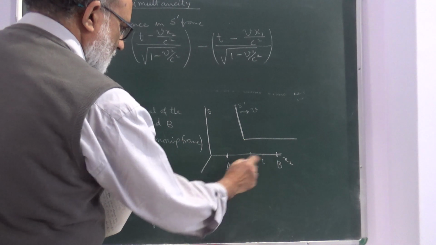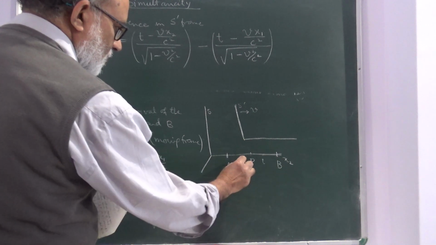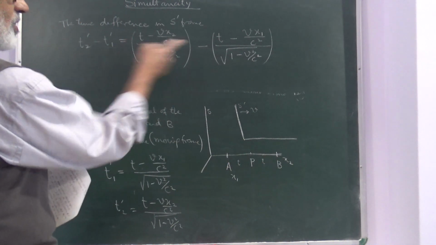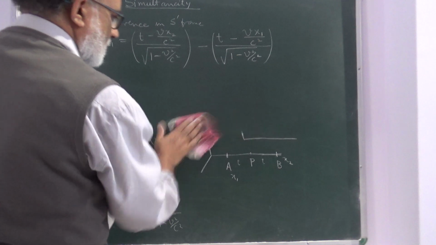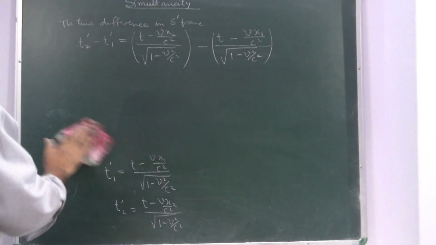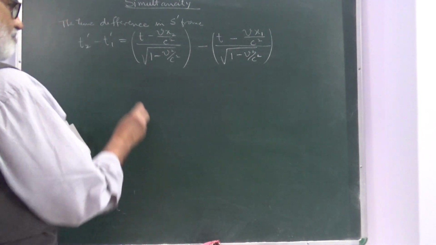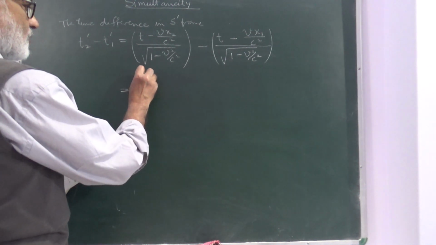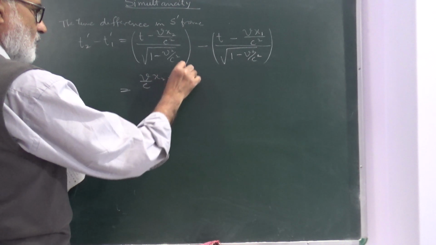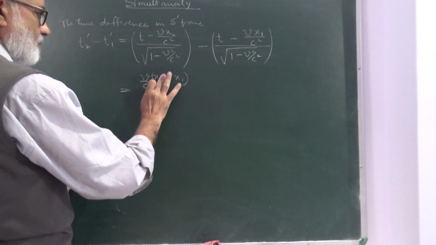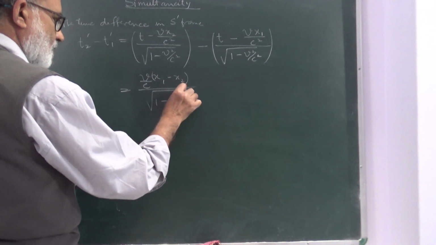In this case there was no time difference, both occur simultaneously, the time here and t is the same, so the difference is 0, but here the difference is not 0. It means for this reference frame the events are not simultaneous. It equals v by c square times x2 minus x1 or x1 minus x2, over square root of 1 minus v square by c square.